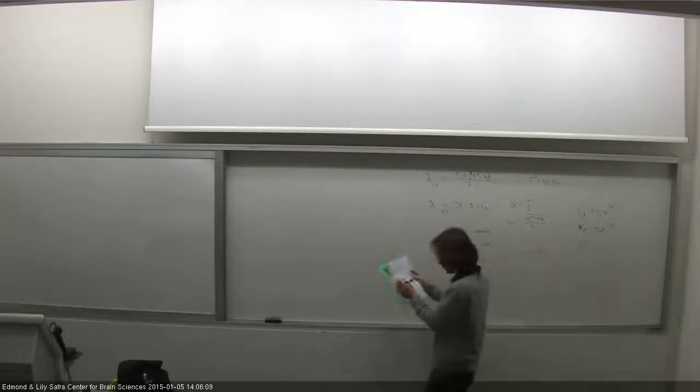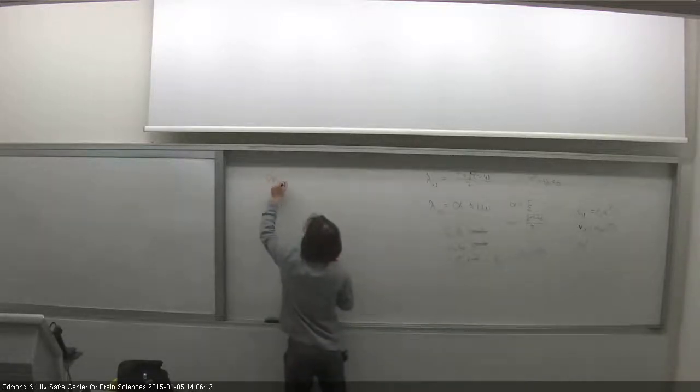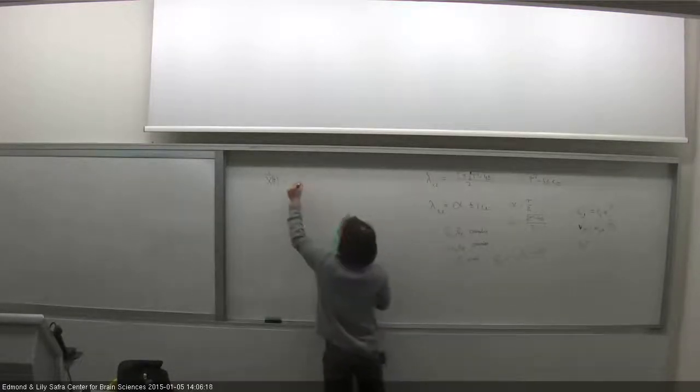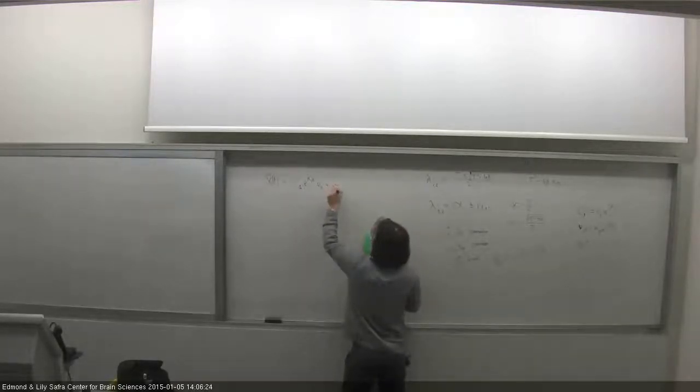So now if I want to write my general solution, C1 e to the lambda 1 t v1, plus C2 e to the lambda 2 t v2.